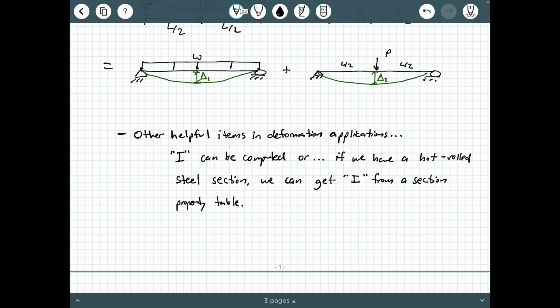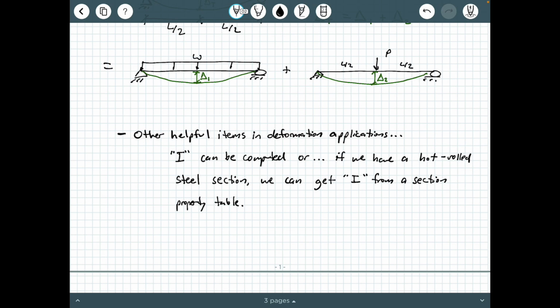A lot of textbooks have these, especially mechanics of materials textbooks. For example, if you use the Hibbeler Mechanics of Materials textbook, this is going to be in Appendix B of the Hibbeler Mech of Materials book.